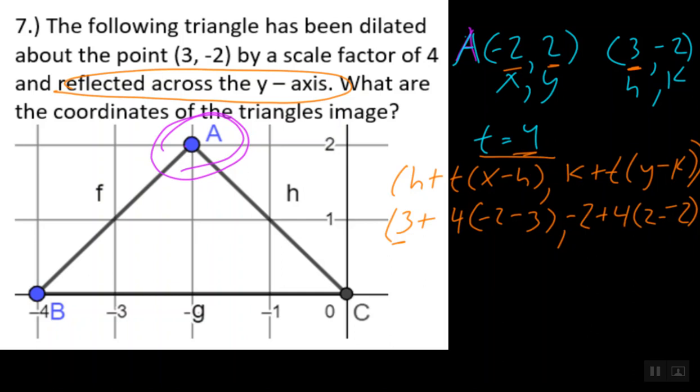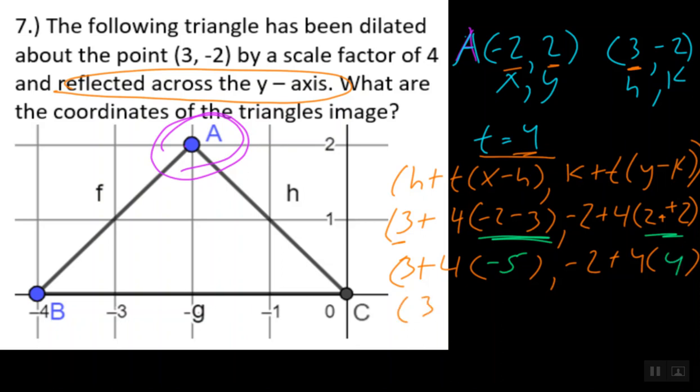Now before we move on, 2 negatives make a positive. And from here we can start simplifying. We have 3 plus 4 times whatever's inside the parentheses. We have -2 plus 4 times whatever's inside the parentheses. And -2 minus 3 is -5. And 2 plus 2 is 4. Hey, that's easy. Okay, moving on.